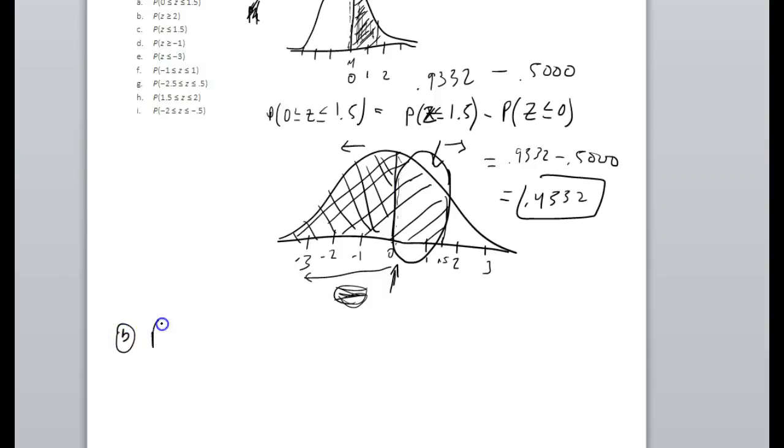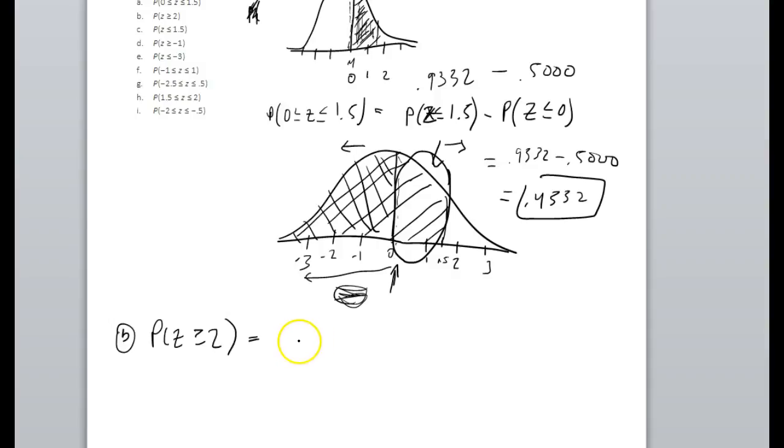So B is the probability that z is greater than or equal to 2. Now, in continuous distributions, greater than or equal to doesn't mean anything. Greater than or equal to is the same as greater than. That's only in continuous distributions, okay? In discrete, that would be something that we'd really need to look out for, but in a continuous, greater than or equal to, they're all the same.